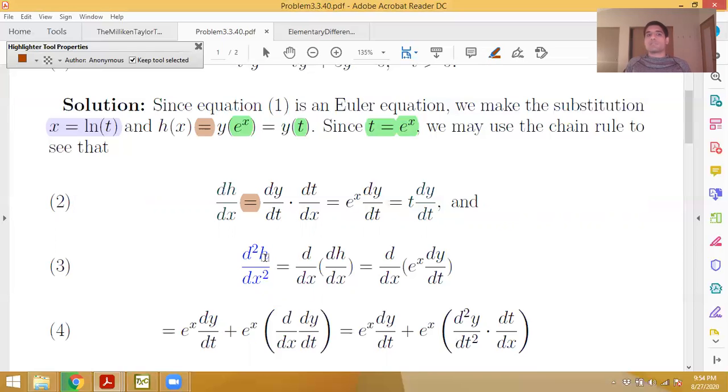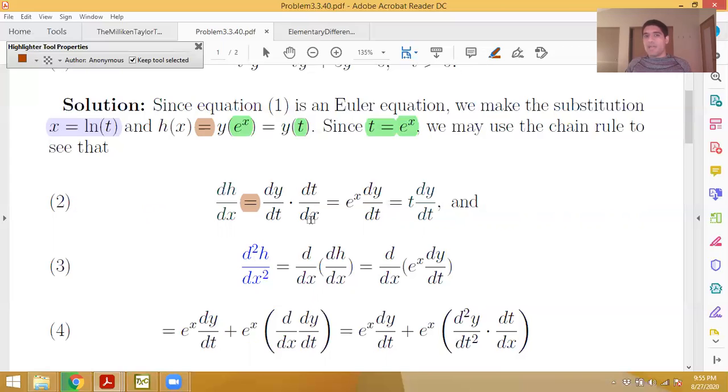So that's how I use the chain rule. I first take a derivative of the outside function, so I take a derivative of y of t, and that's my dy dt. Then I take an x derivative of the inside function, dt dx. That is just the chain rule from Calc 1. So dy dt, I don't have to simplify that. That's what I wanted to appear. I want the relationship between dh dx and dy dt.